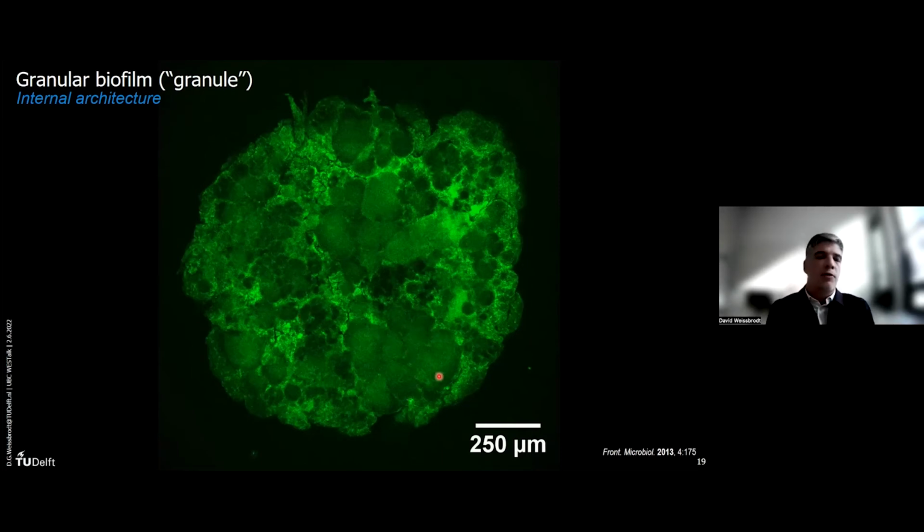So often in models, we conceptualize them as onions with different layers that are aerobic, anaerobic, or anoxic. But if you look at high resolution, it's more conglomerates with different types of architecture. So this is already fascinating to see this assembly of microorganisms that are auto-aggregated. There is no carrying material.